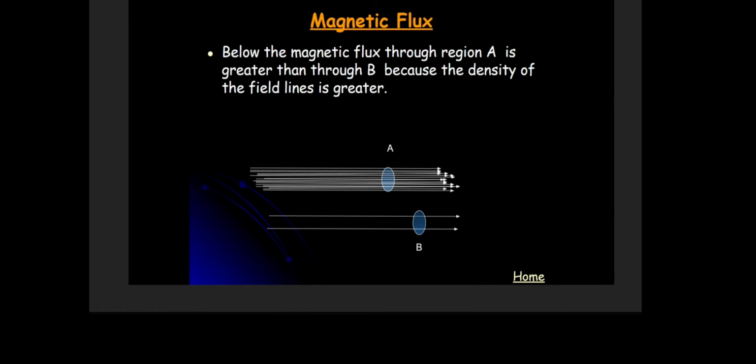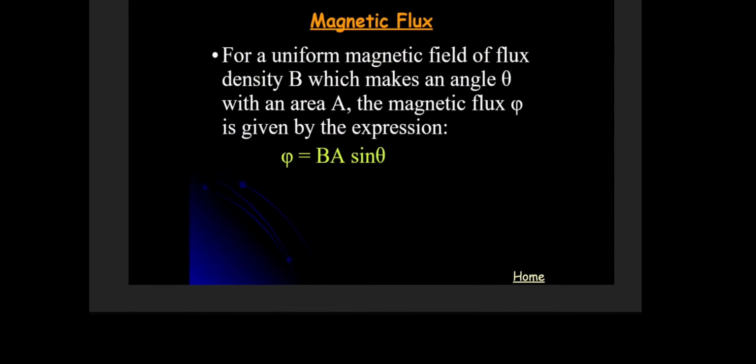So if the angle is 90, then sine 90 is 1. So you get the maximum magnetic flux if you are perpendicular to the area. Once you change the angle at which the field lines act on that area, you start getting a reduced magnetic flux. All right, and we're going to use that equation later on in our lesson.